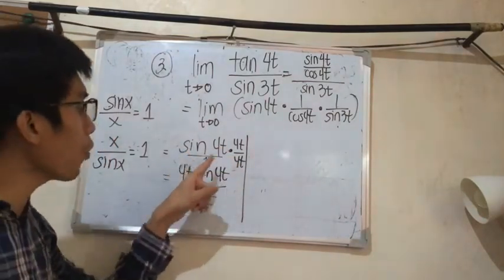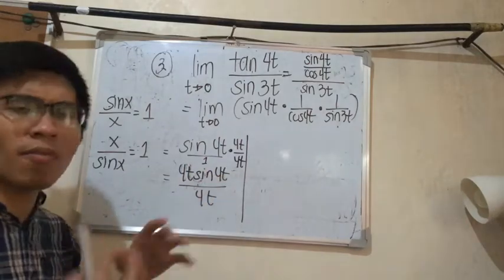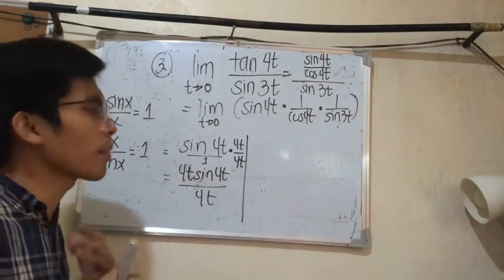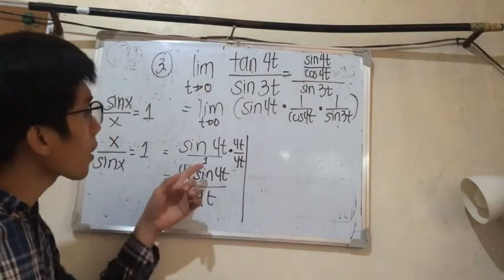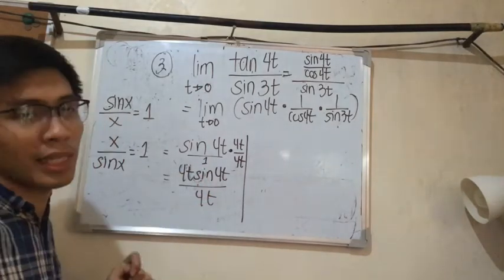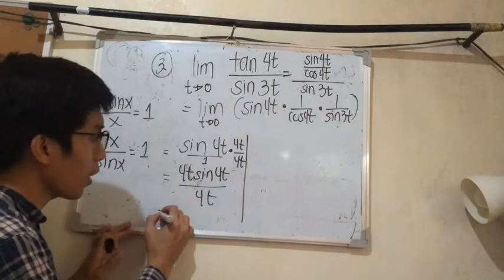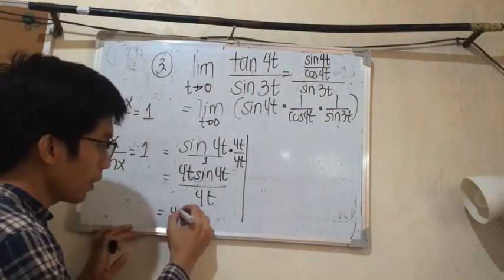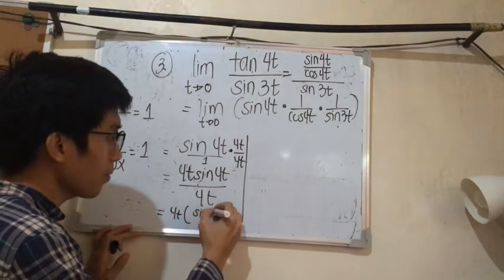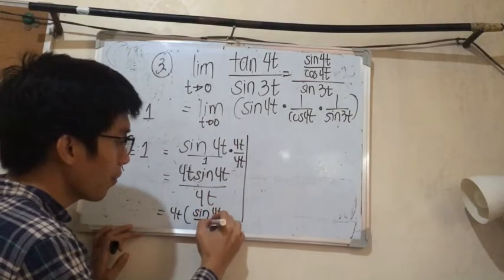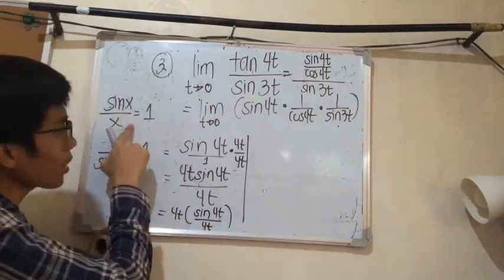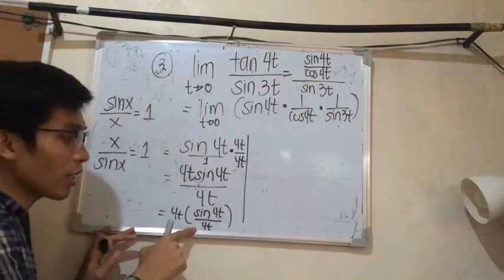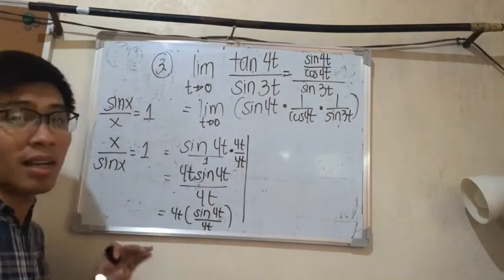So 4t times sine 4t, that is 4t sine 4t. Same thing that I did in the first two examples. So 1 times 4t, that is 4t. Okay, so we are able to separate this one as 4t times sine 4t over 4t. As you can observe, we are able to use the theorem that I presented to you in this form. Sine 4t, 4t, they are the same.